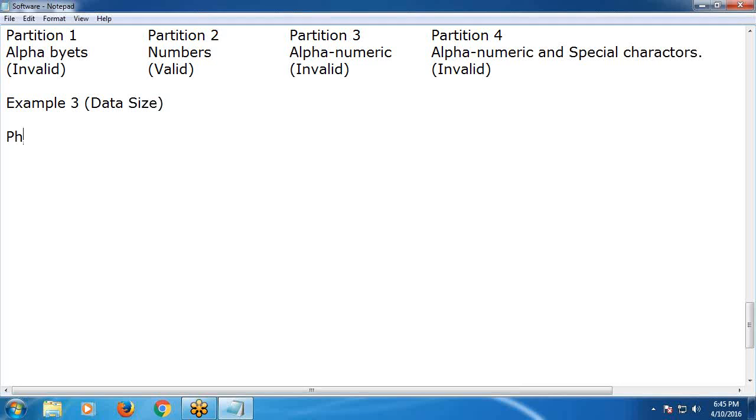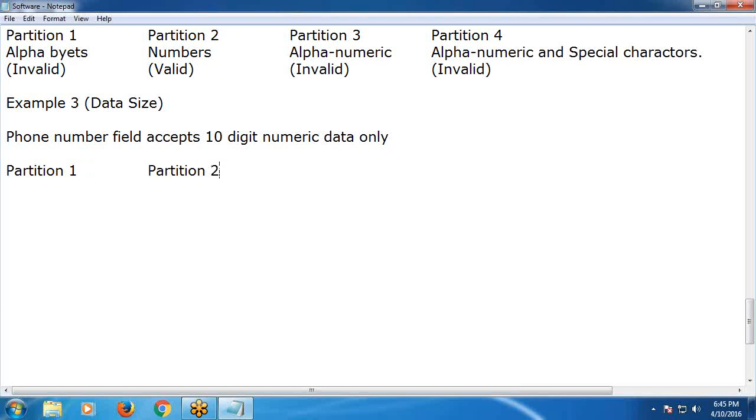The phone number field accepts 10-digit numeric data only. Partition 1, partition 2, partition 3.